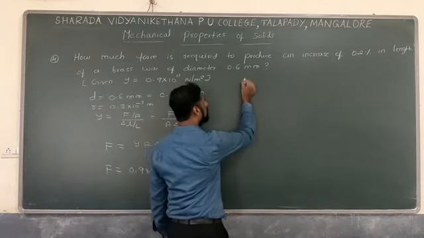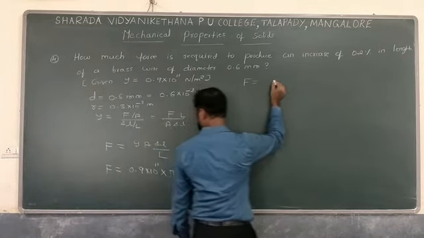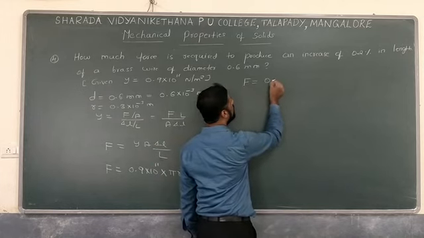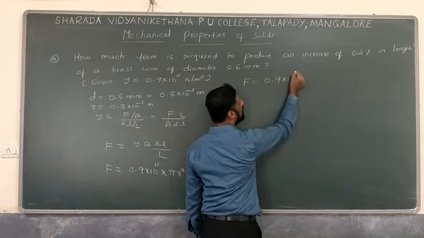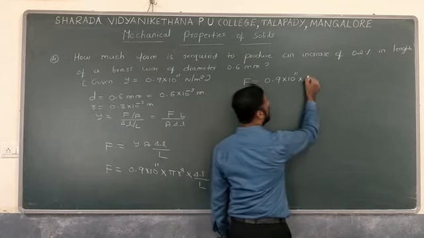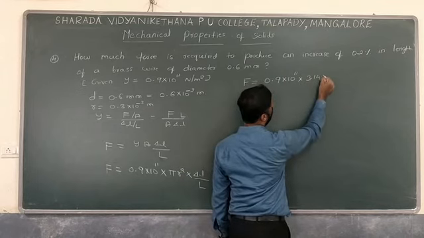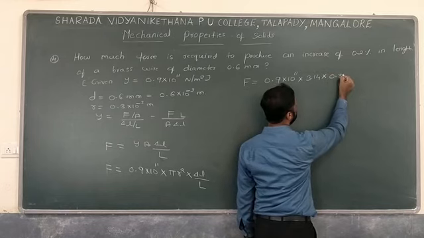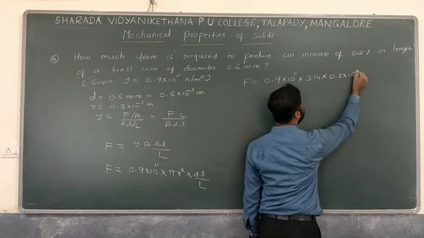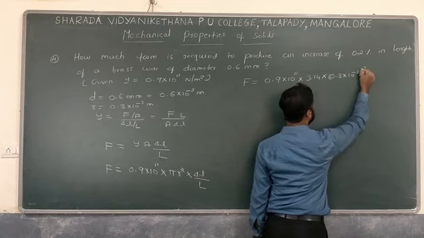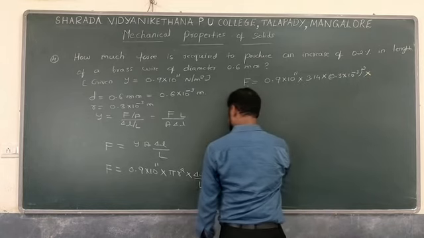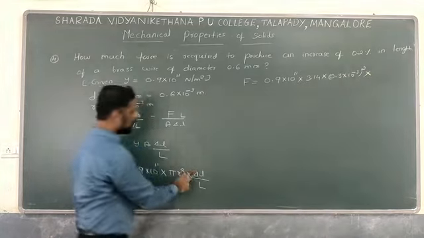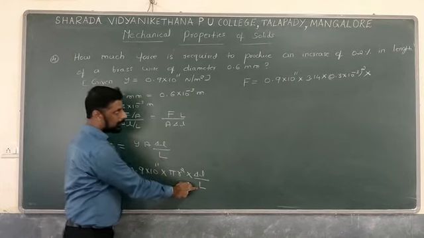I will write here. F is equal to Young's modulus value is 0.9 into 10 power 11 multiplied by pi value 3.14 multiplied by radius 0.3 into 10 power minus 3 whole square multiplied by delta L by L, that is the ratio of change in length to the original length.